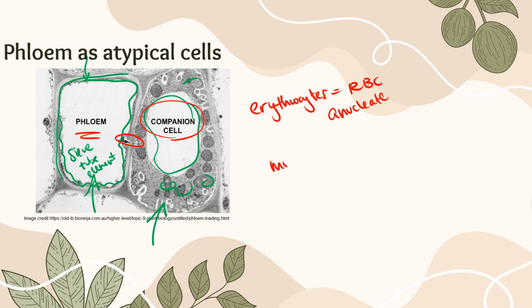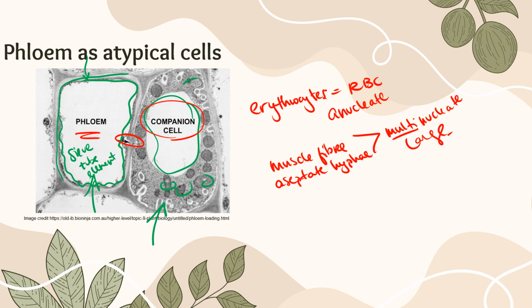Muscle cells are also considered atypical, those muscle fiber cells, because they are multinucleate and very, very large, as are our aseptate hyphae in fungus. These guys are atypical cells. They are cells, but just barely. They are atypical because they are multinucleate and also really, really big.